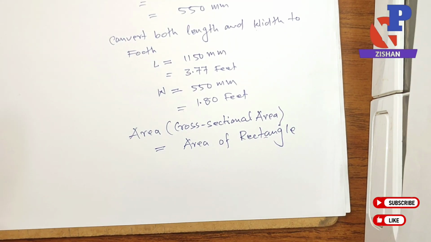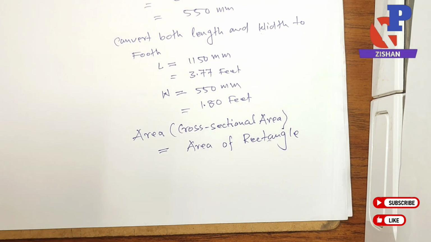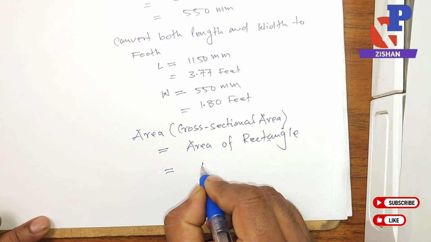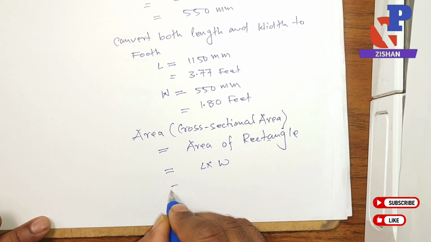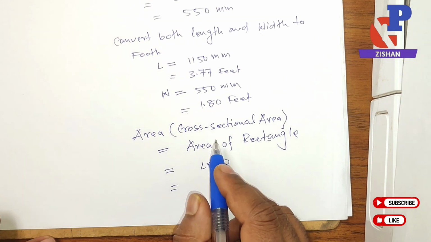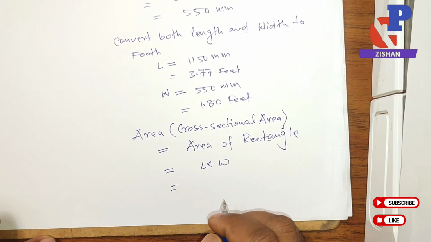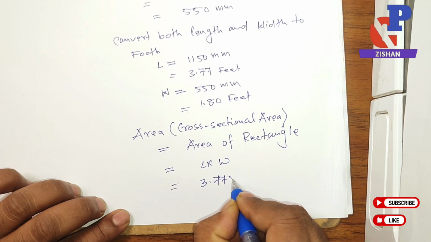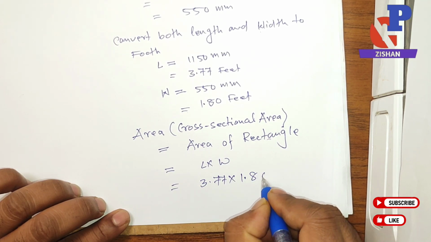As you know, the area of a rectangle is equal to L into W. Our L is 3.77 into 1.80 feet square, because both units are feet, so feet into feet equals ft square.